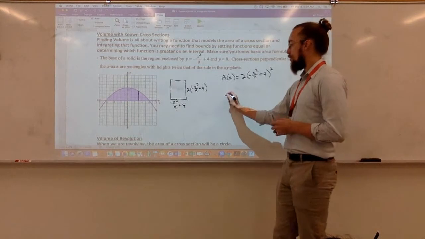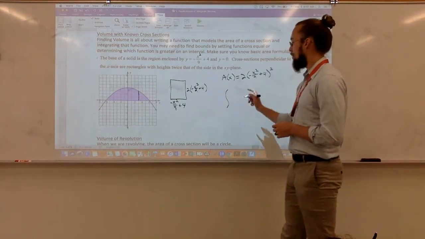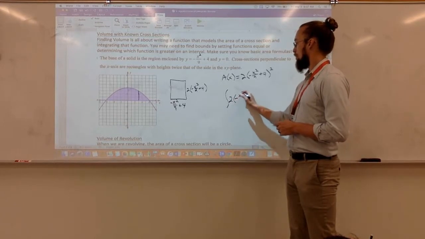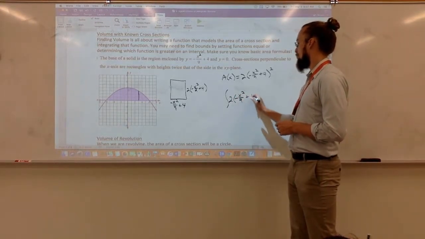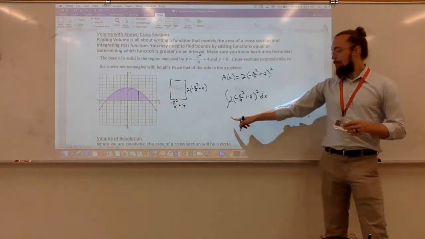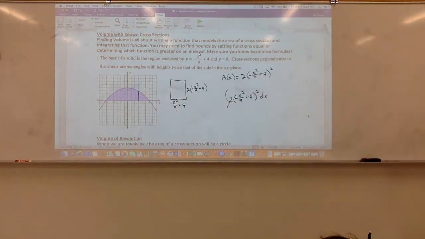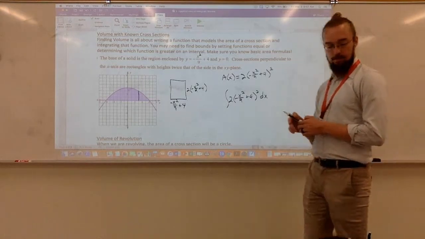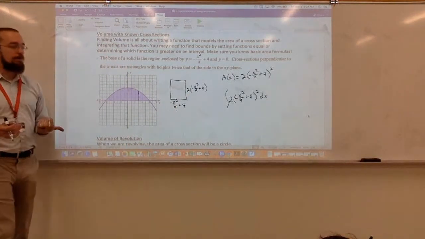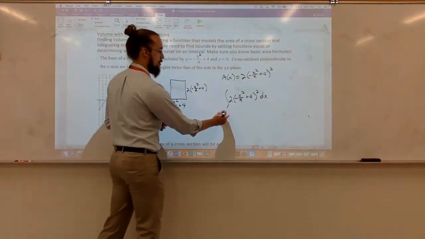Now to find the volume, I integrate my area function. 2 times negative x squared over 9 plus 4 squared dx. I still need my bounds. What would my bounds be? Yeah, so from the graph, we can see it's negative 6 and 6.